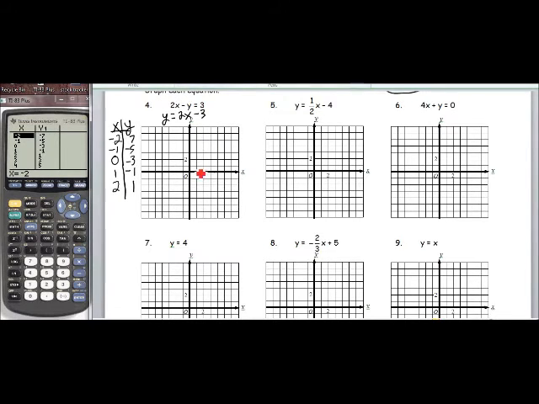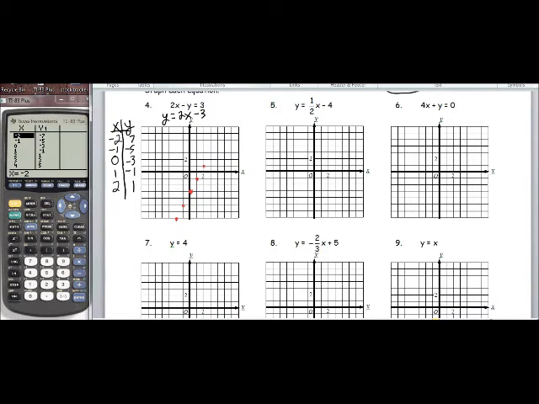So now I can plot these points. Let's see, (2, 1), (1, -1), (0, -3), (-1, -5), and (-2, -7).